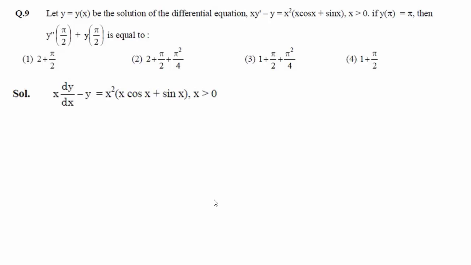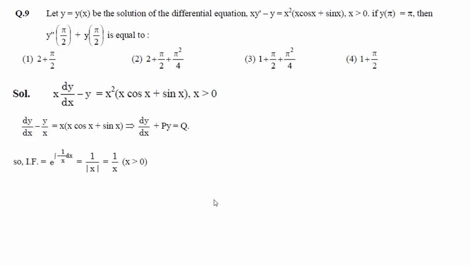Solution. The given equation is x into dy by dx minus y equals x squared into (x cos x plus sin x). Therefore, dy by dx minus y by x equals x into (x cos x plus sin x). This is an equation of the form dy by dx plus py equals q, a linear differential equation.